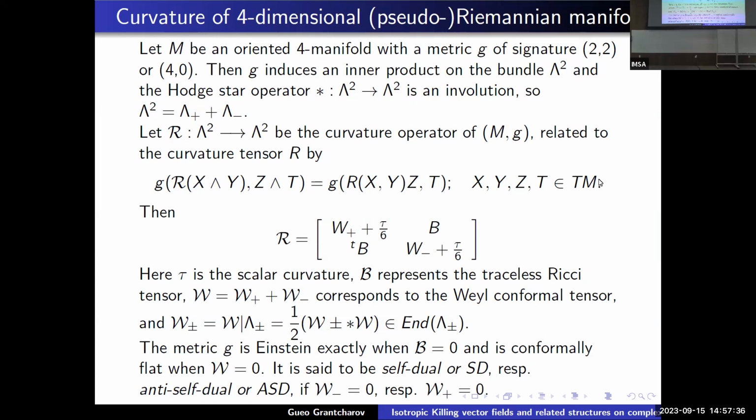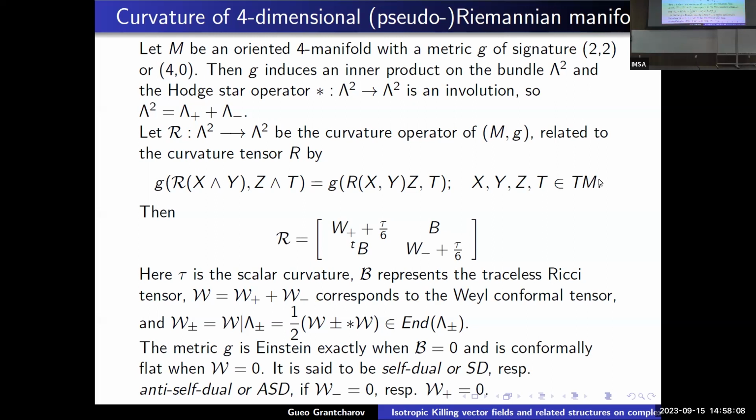Then the Hodge star defines an involution, and in fact the curvature operator is like in matrix formulation. What's good about the matrix representation of the curvature is that this component here corresponds to the so-called traceless Ricci; if it is 0, the metric is Einstein, if and only if. This little tau here is the corresponding trace of the matrix, and this corresponds to scalar curvature.